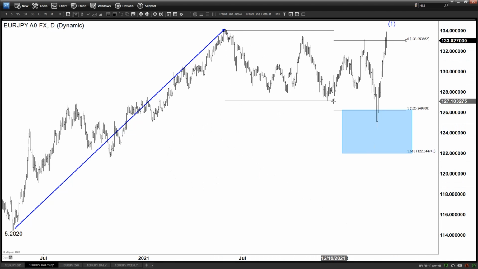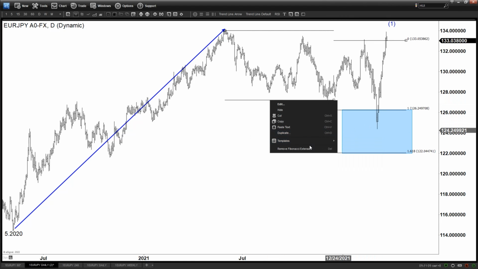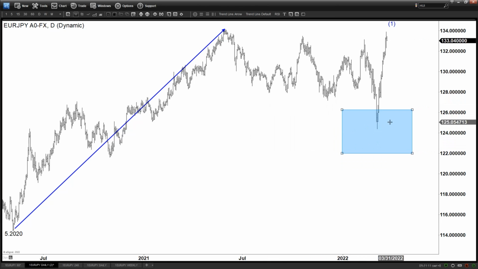So you get this A, B, C, which is a flat structure. It ended at the 100% extension area, and it rallies tremendously after that. You've seen the reaction, and this rally, no doubt, looks impulsive. There is no doubt the rally is an impulse.